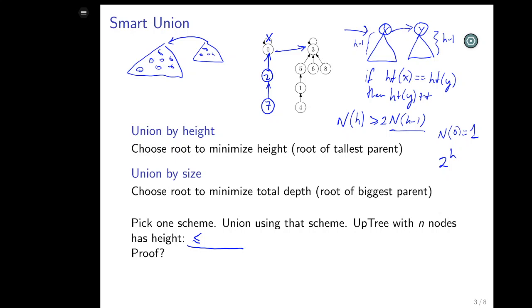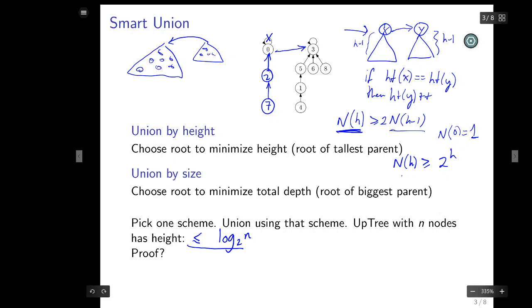which means that if I have any tree of size n, then its height is less than log base 2 of n. Right? Because we know that n of h is greater than or equal to 2 to the h.